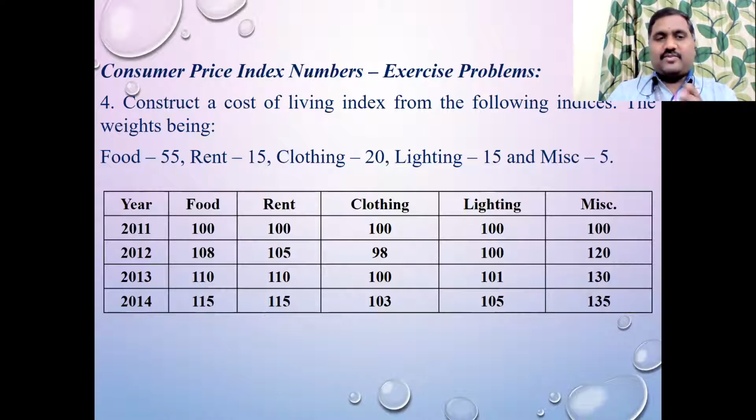You interchange. You write the items on the left hand side like a column: food, rent, clothing, light, miscellaneous, and then write the value weightage for food in 2011, 2012, 13, 14. Similarly, you interchange the table and write it. No, you copy the problem as it is now. In the solution part, I am telling.